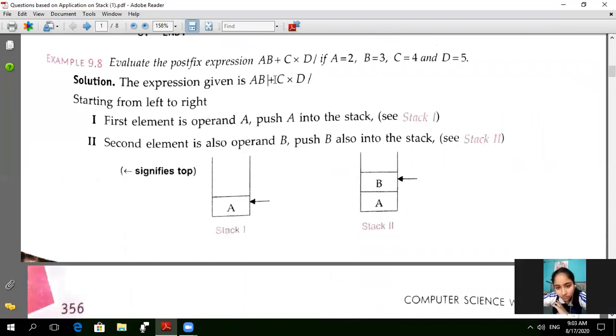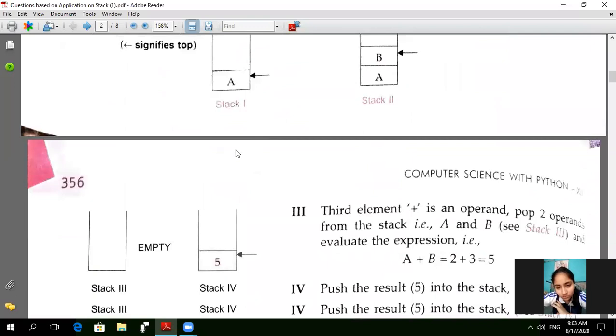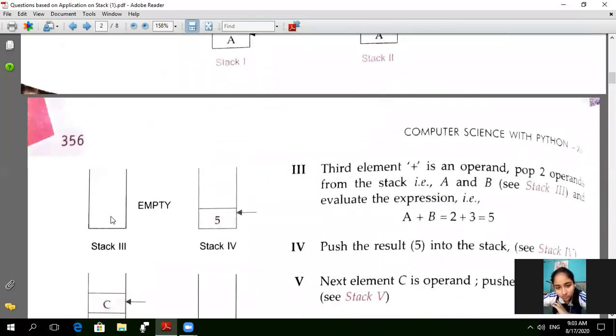Plus is a binary operator, and a binary operator always works with at least two operands. So a and b are popped, the value of a is 2 and the value of b is 3. Now 2 plus 3, the result is 5. After the operation you have to push the result back into the stack. So now the stack value is 5.